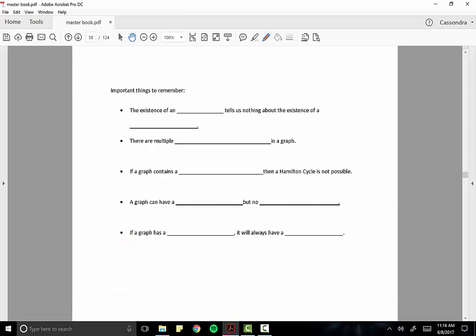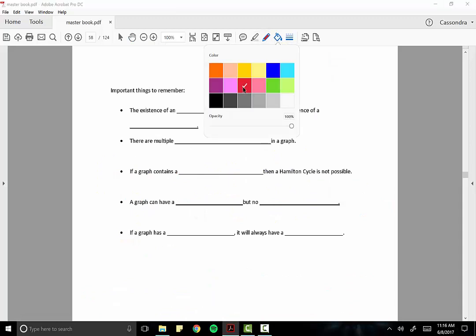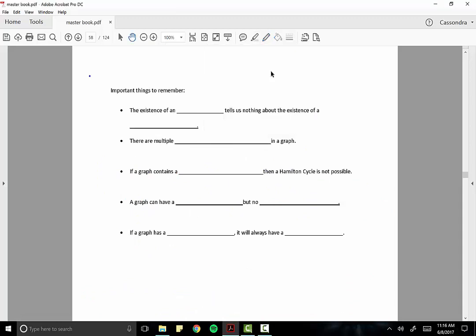So let's look at some important things to remember. The existence of an Euler path or cycle tells us nothing about the existence of a Hamilton path or cycle. You can have multiple Hamilton paths or cycles in a single graph.